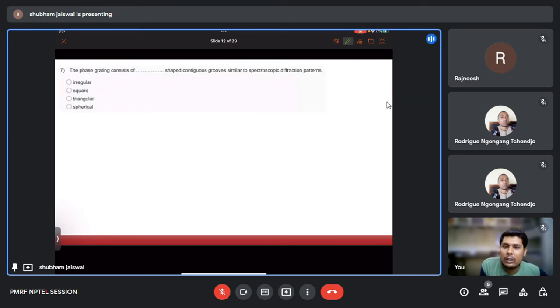So moving to our next question. The phase grating consists of irregular shaped or square shaped or triangular shaped or spherical shaped contiguous grooves similar to spectroscopic diffraction pattern.